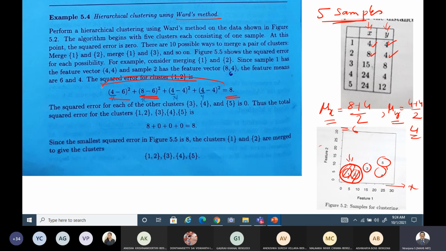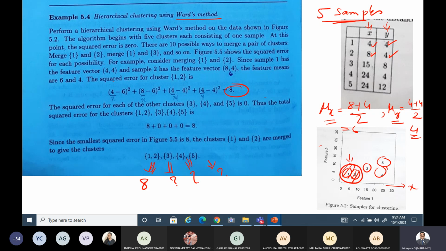Then you calculate. The squared error from the cluster having sample 1, 2 is 8. But there are 3 more clusters here. The error from this cluster is 8. Error from this how much? Error from this how much?